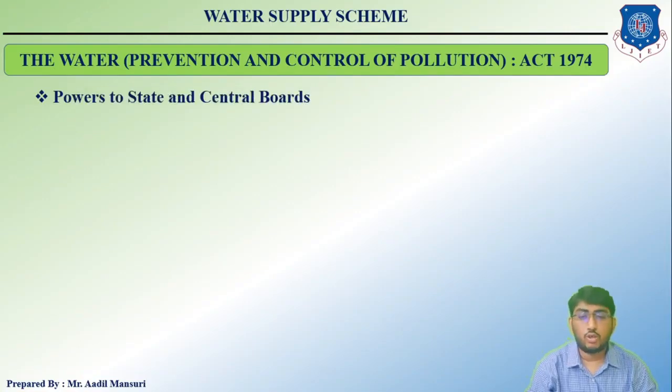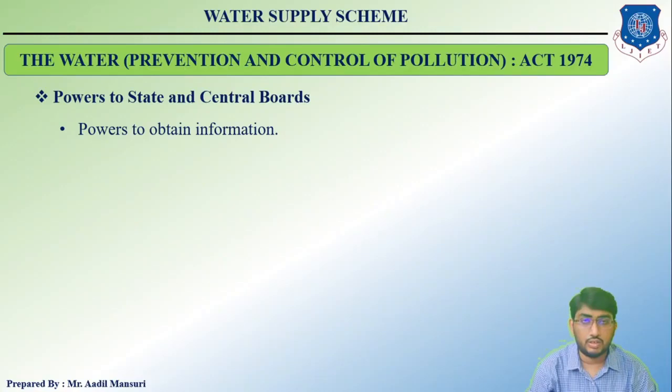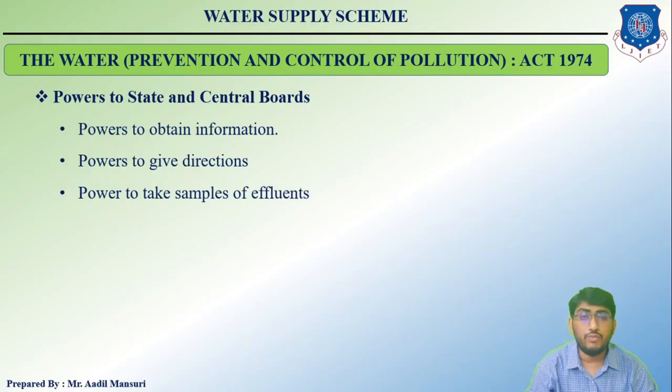Then let's talk about powers of the state and central boards. What are the different powers? The first power is to obtain information. Then power to give directions. Then power to take samples of effluent. That is, it will collect samples of effluent from different industries for inspection, right?